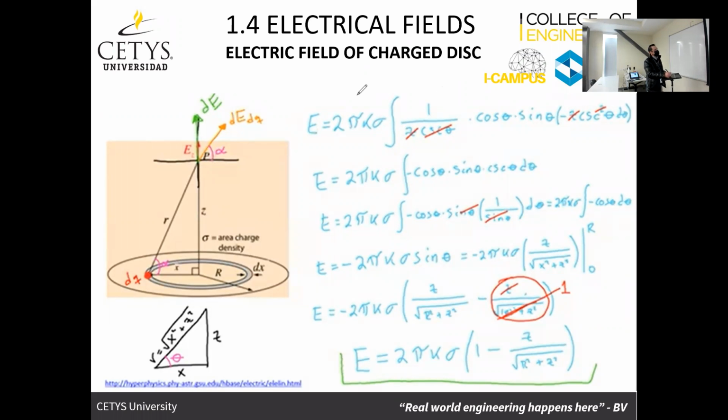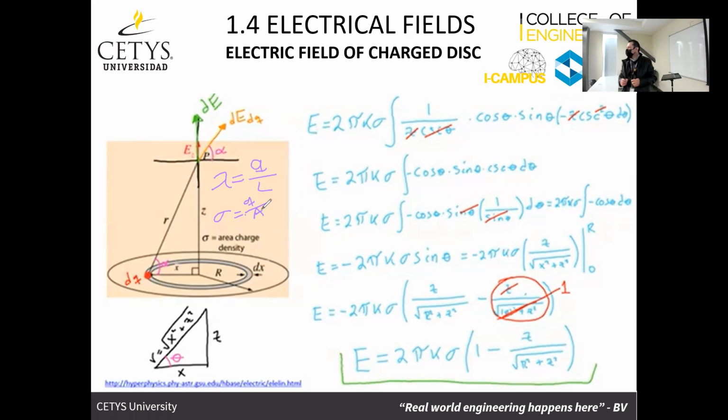In the case of a linear distribution, we used lambda. Lambda was charge divided by length. In the case of something that has a surface, like a disk, we use sigma, and sigma is charge divided by area, the surface distribution.